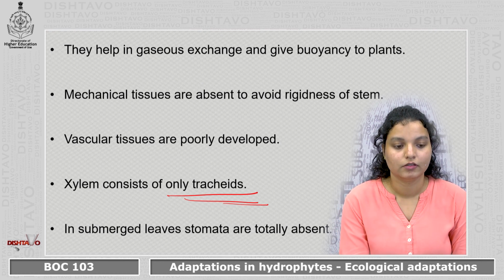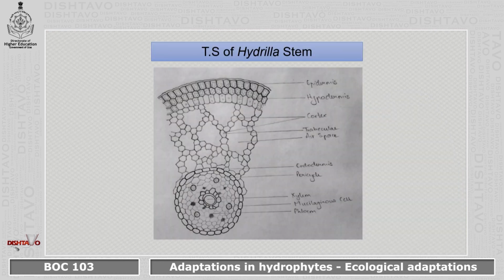If you look at the section, here we have a transverse section of a Hydrilla stem. If you look closely, you have the cuticle, then this single layered epidermis. This portion is entirely the cortical region.